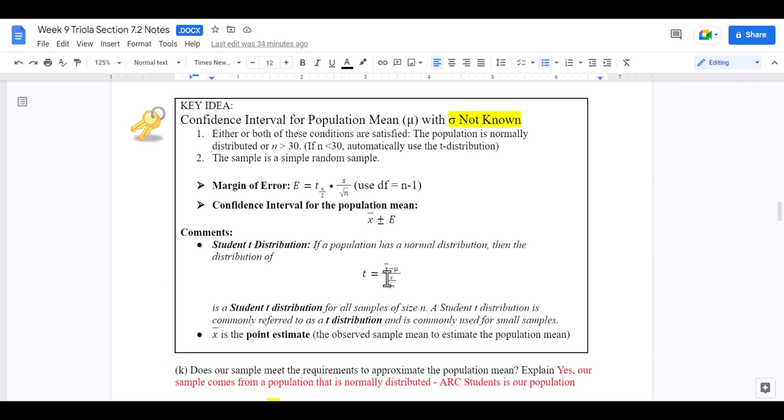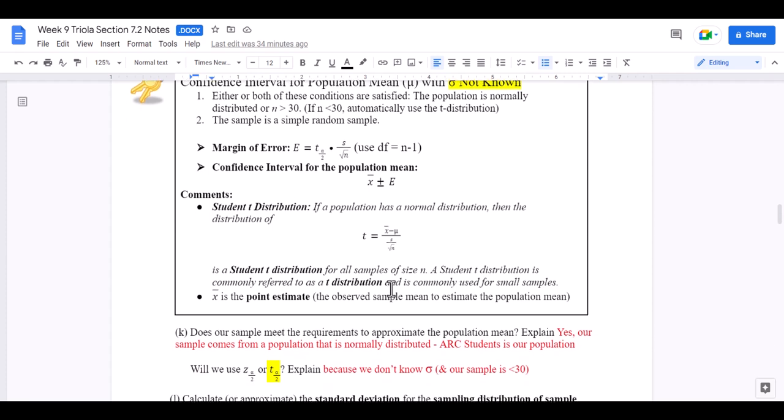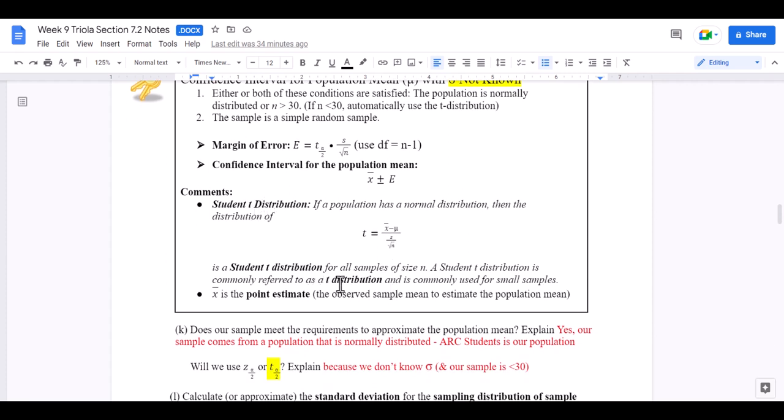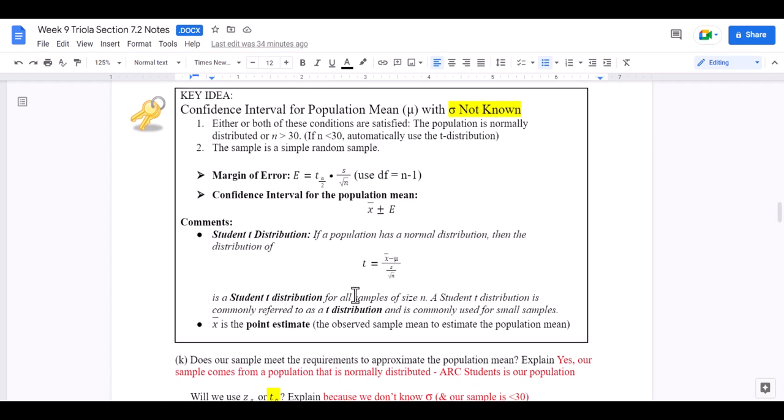And here we're adjusting for using the central limit theorem. This is what's called the student t-distribution; we just call it the t-distribution. And lastly, x bar is the point estimate, the observed sample mean to estimate our population mean. So x bar is for the sample, mu is for the population.